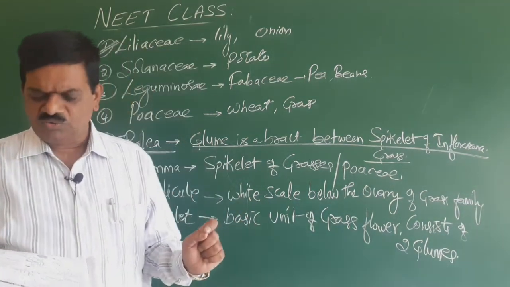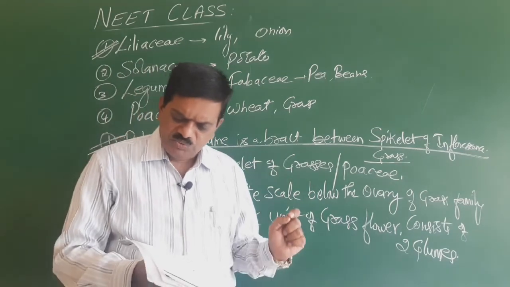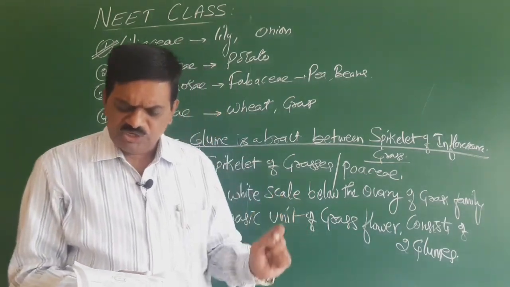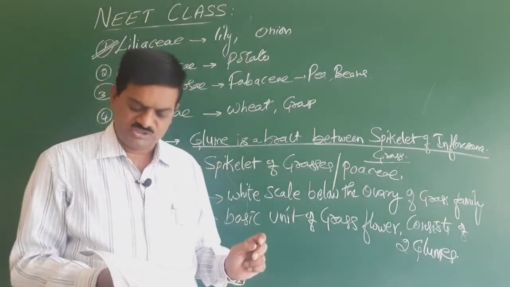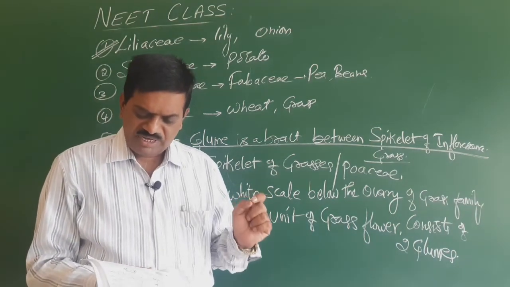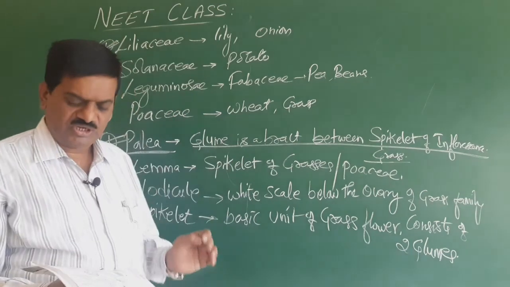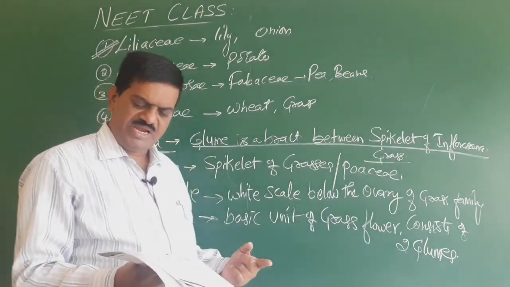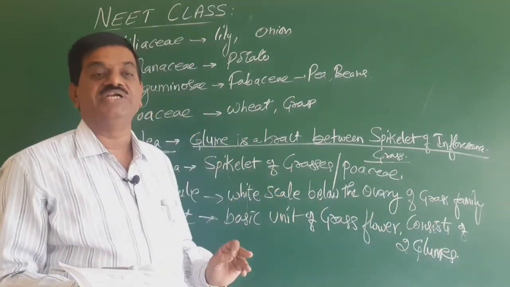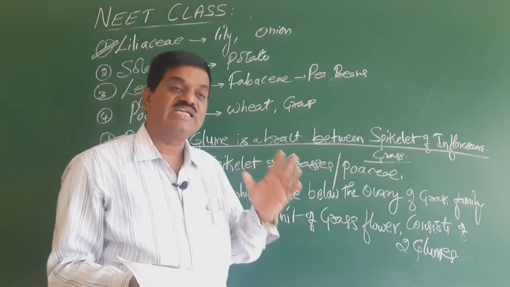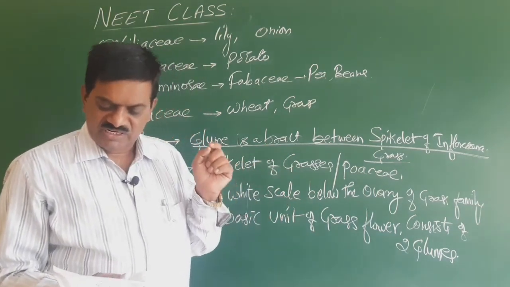22nd. A flower can be divided into two equal radial halves. So when a flower can be divided into two equal radial halves in any plane passing through the center, that is nothing but radial symmetry.